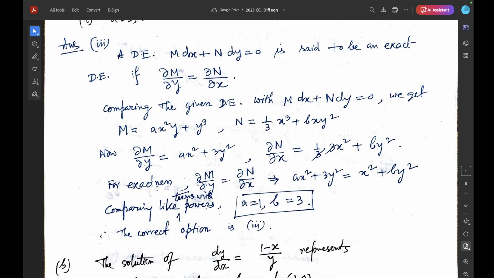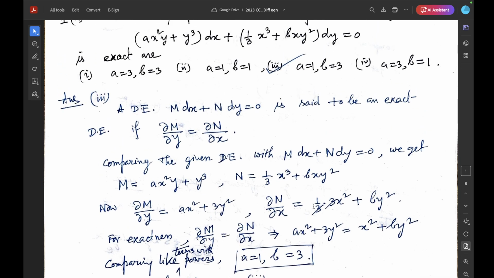For the condition of exactness, ∂M/∂y = ∂N/∂x. This implies ax² + 3y² = x² + by². Comparing the coefficients of x² from both sides, we get a = 1, and comparing the coefficients of y² from both sides, we get b = 3. Hence the correct option is 3.